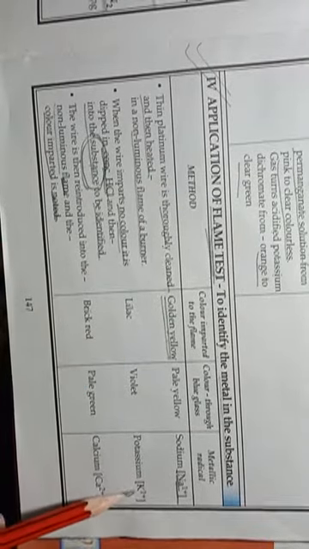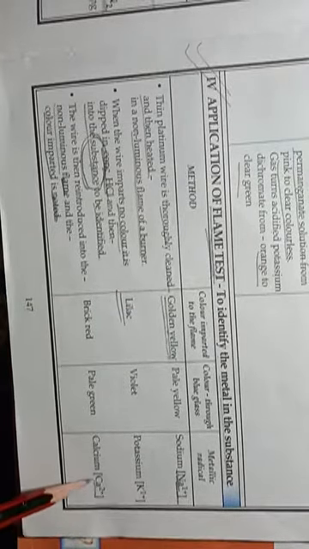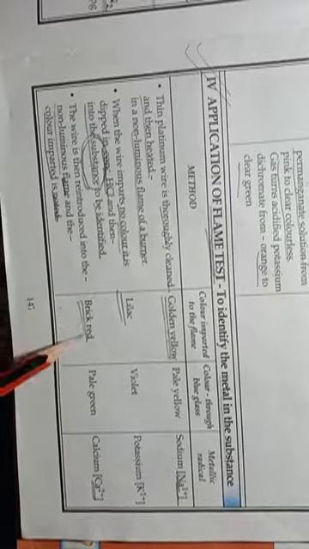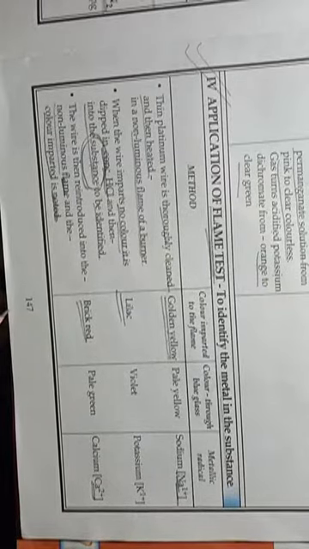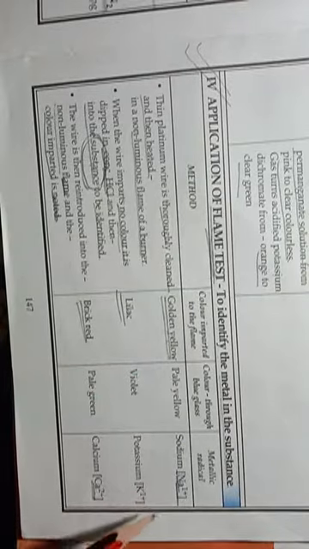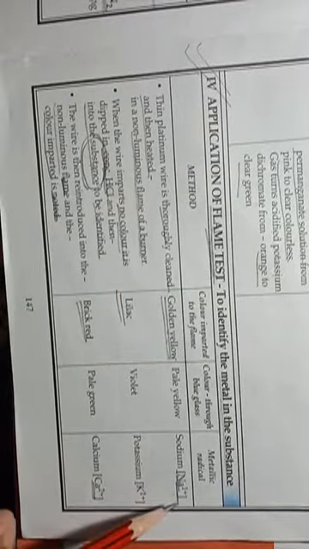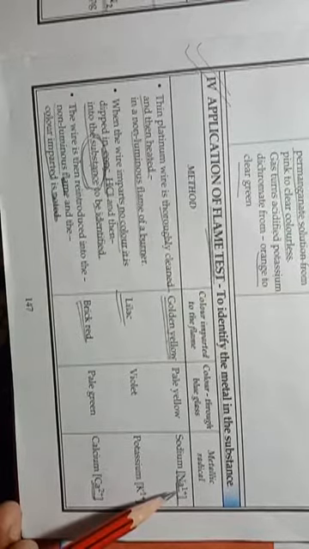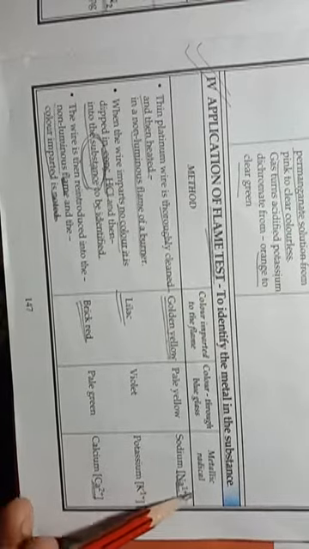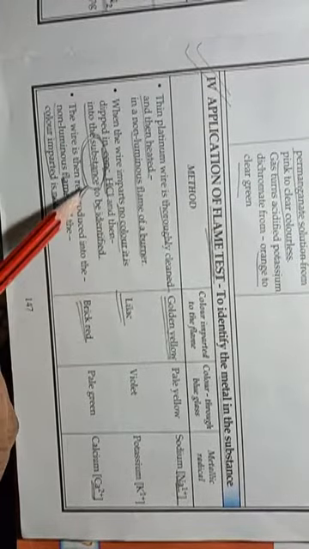Then potassium ion imparts lilac color to the flame and calcium ion imparts brick red color to the flame. Okay students, so you have to learn these three observations for different metallic ions when substances having these metallic ions are heated in the non-luminous part of the flame.